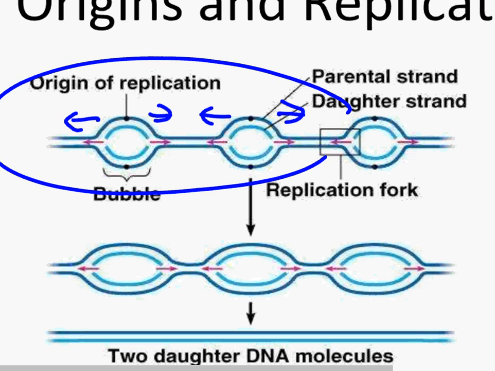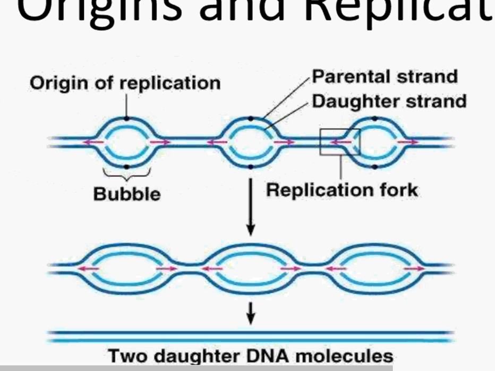It's just a quicker way to do that. Well, what we're going to do is focus in on just this, actually going this direction. That little section is called the replication fork because it's a fork. Don't try to read too much into that.